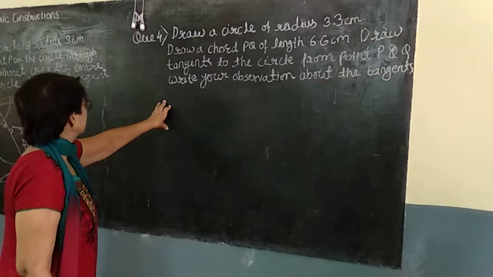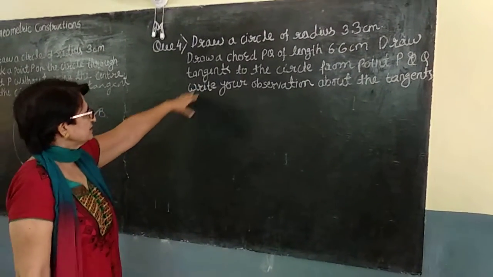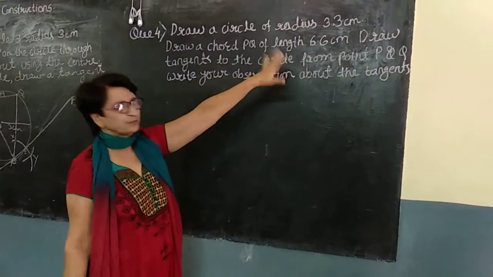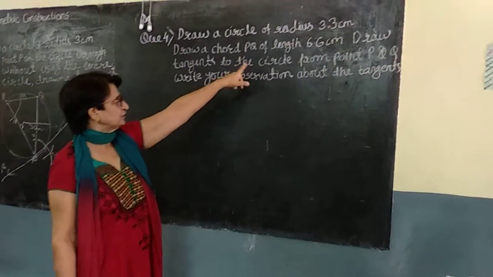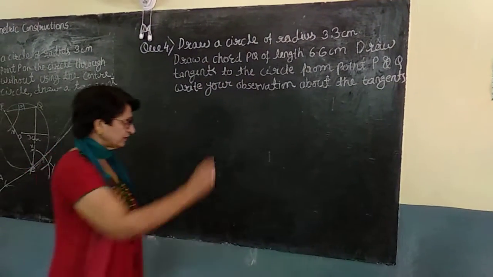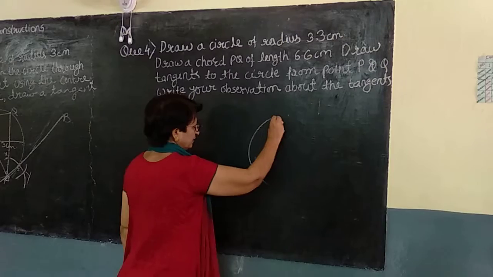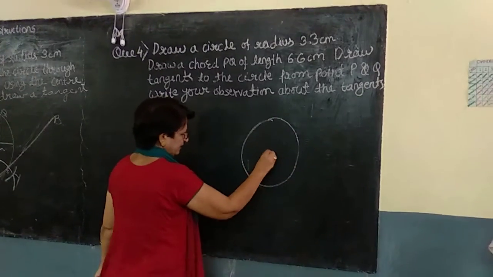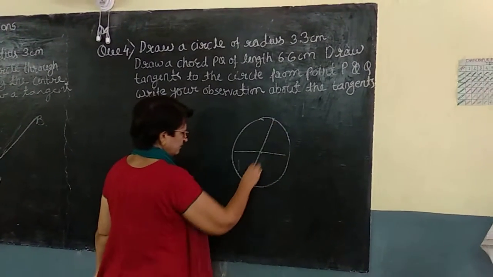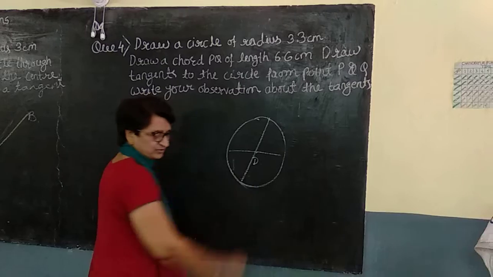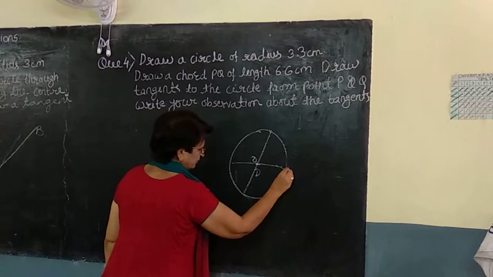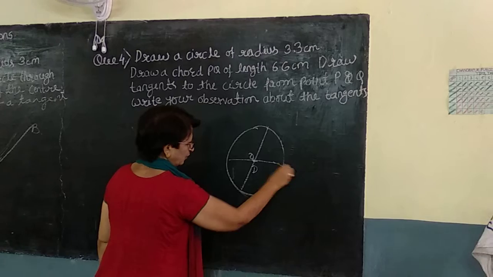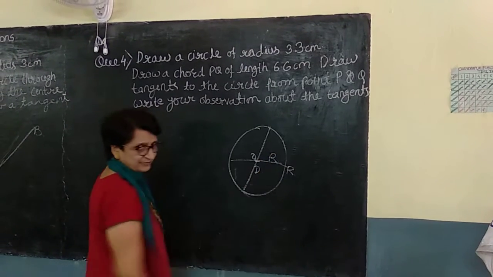Now this is in 4.2, one sum. It says draw a circle of radius 3.3 cm. Then draw a chord PQ of length 6.6 cm. What did I tell you? Any line passing through the center is known as diameter. Half of it, the line OR, is known as radius.